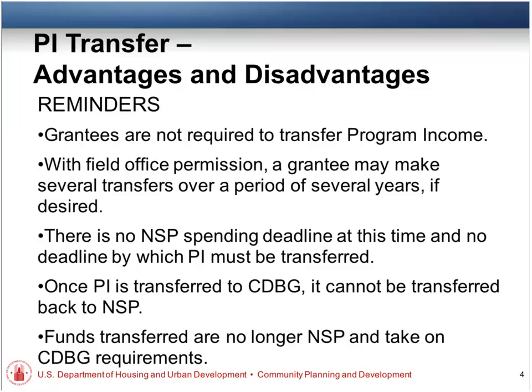You could take several transfers over a period of years if that makes more sense to you. There are communities that are working on multiple sources of funds for larger projects, and you're not really sure exactly what you'll need when you'll need it, so you have some flexibility there.